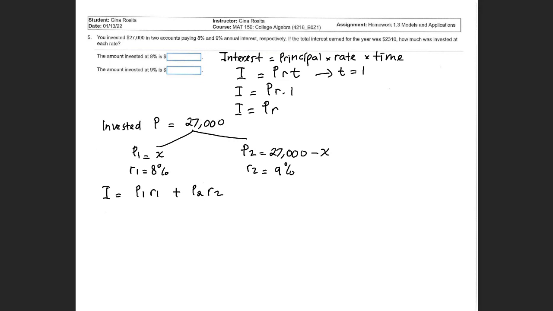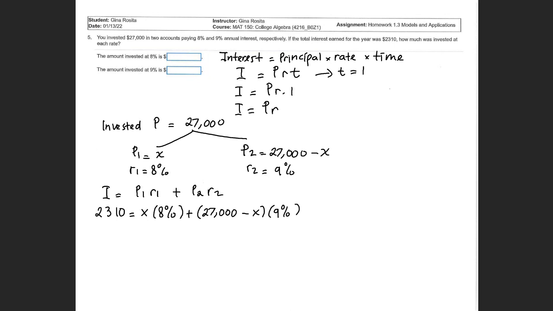So the interest I equal 2,310 equal P1 is x, R1 is 8%, plus we just plug in P2 is 27,000 minus x, R2 is 9%. Okay, we just simplify now.